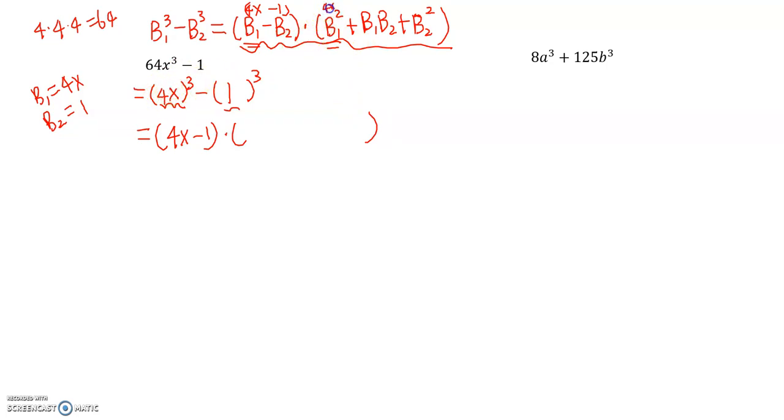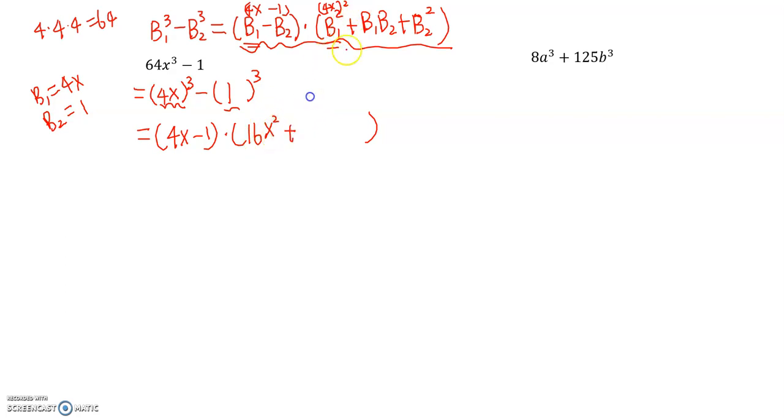When we do 4x squared, we work it out: 4 squared, 16. x squared is x squared. This is one of the exponent rules we learned before. If the base has a product, we can raise each of them to the exponent. So 4 squared times x squared will give us 16x squared.